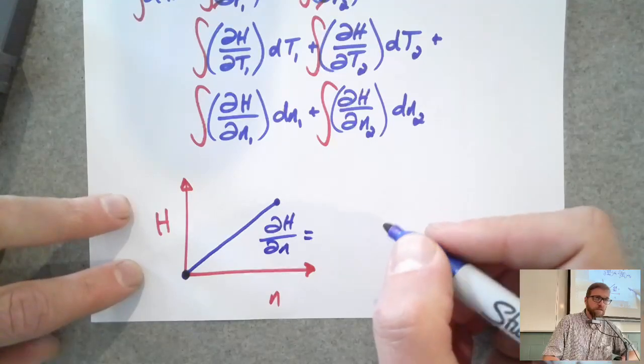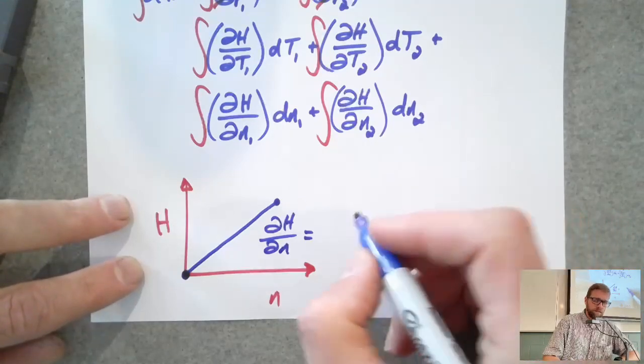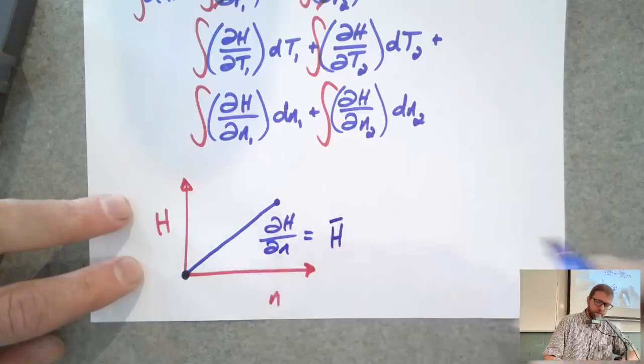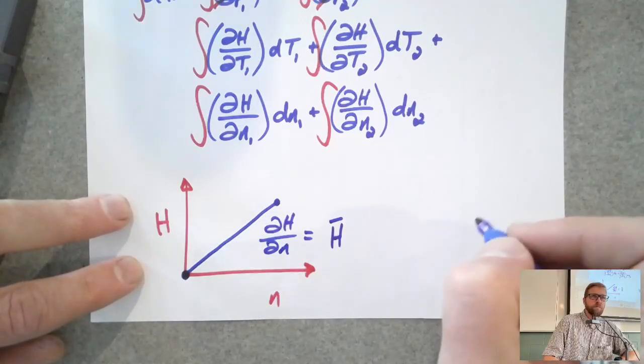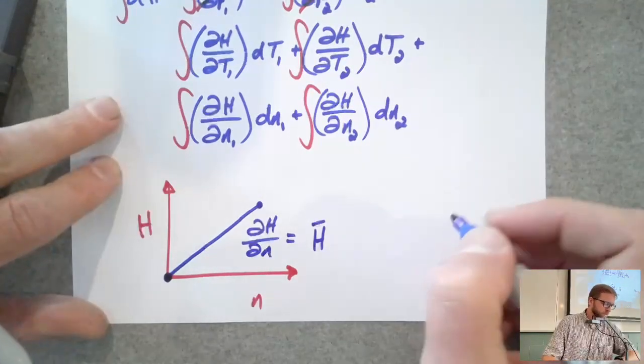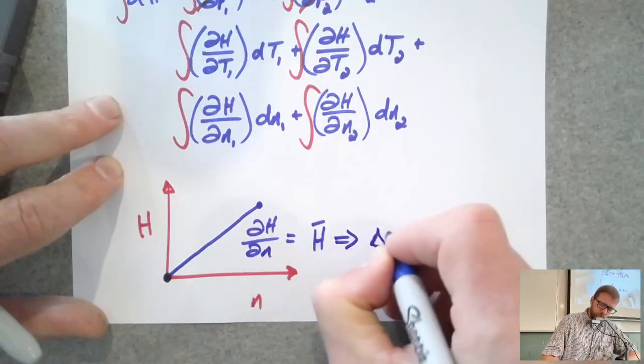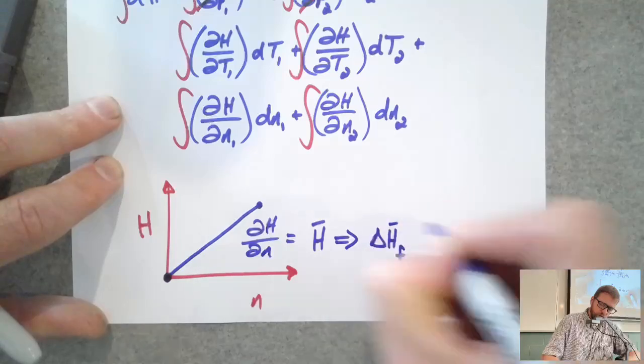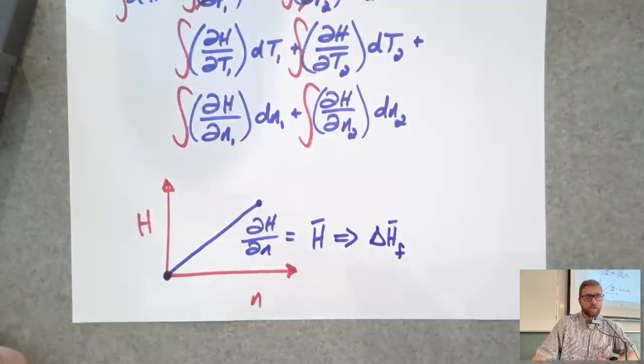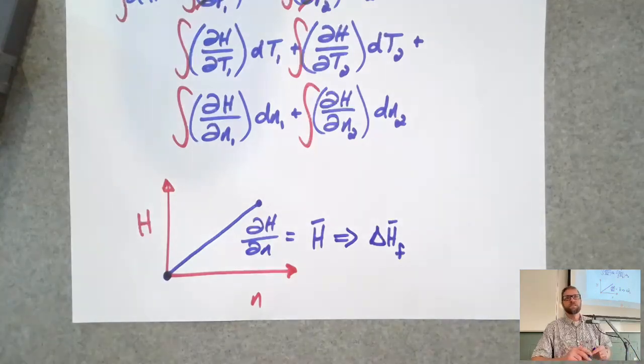Which is a constant. Which is the molar enthalpy. Typically, we use the enthalpy of formation. Right?